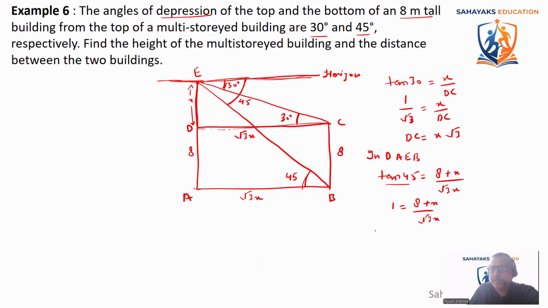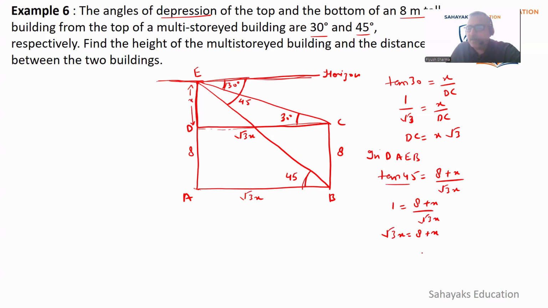When we cross multiply, it becomes root 3 x is equal to 8 plus x. We'll move the x to the other side. It becomes root 3 x minus x is equal to 8. Taking x common, x times root 3 minus 1 is equal to 8. Root 3 minus 1 is 1.732 minus 1, which comes out to be 0.732.